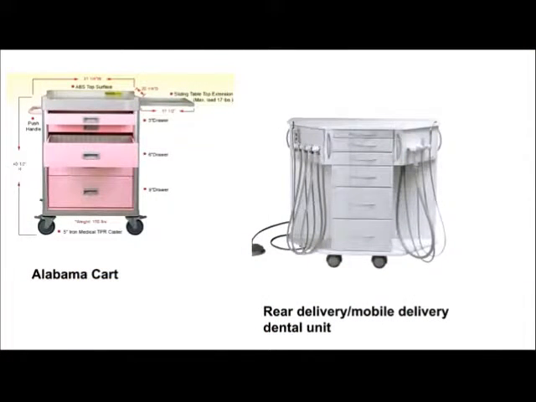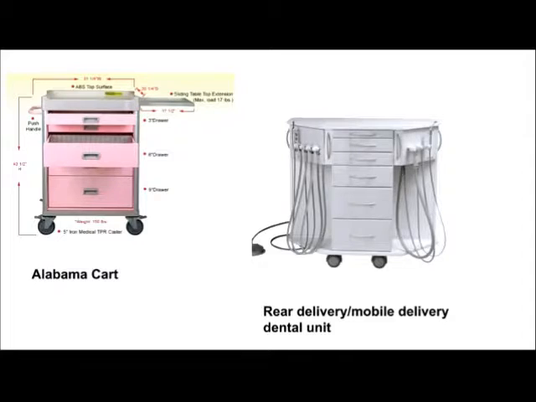Okay, let's go ahead and get back. The Alabama cart is typically what's in the static zone from 12 to 2. It's where you put everything you need, and we often stock it with all of the disposable things that we need.